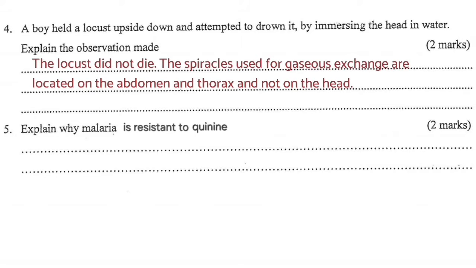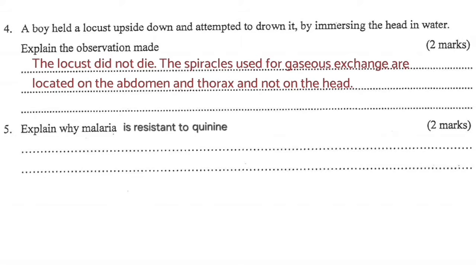When spiracles are open, they allow gases to pass in and out of the locust's body. So in this case, with the locust having its head immersed in water, it's not going to suffocate because gaseous exchange is going to continue normally, since spiracles are located on the abdomen and thorax, and therefore it won't be affected.